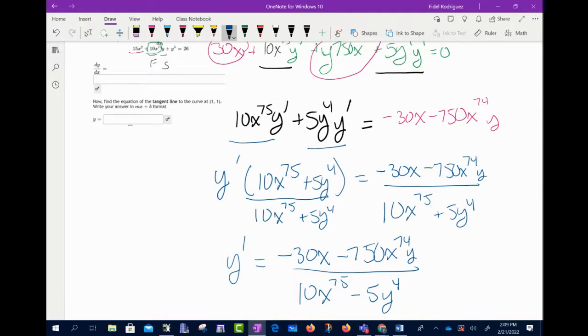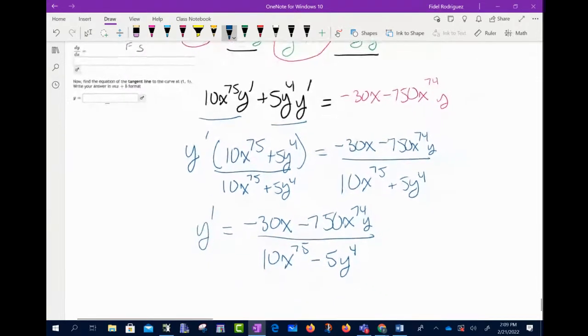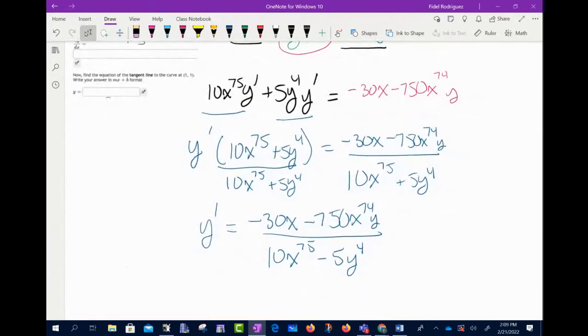Okay, second question says, let's find the equation of the tangent line to the curve at the point (1, 1). Okay? So, if we wanted to find the equation of the tangent line to the curve at the point (1, 1), what's the first thing we're going to do here? Plug in the (1, 1), right? Okay.